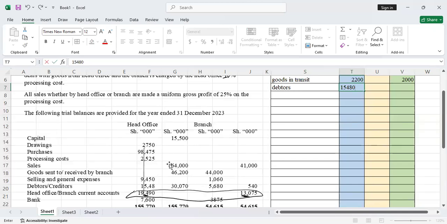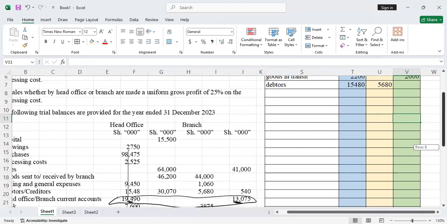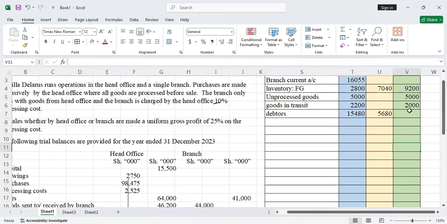And then this other one, the next column, is a credit column, this is a creditor. And then you have 5,680 for the head office or for the combined business. We can do summation for the debtors.